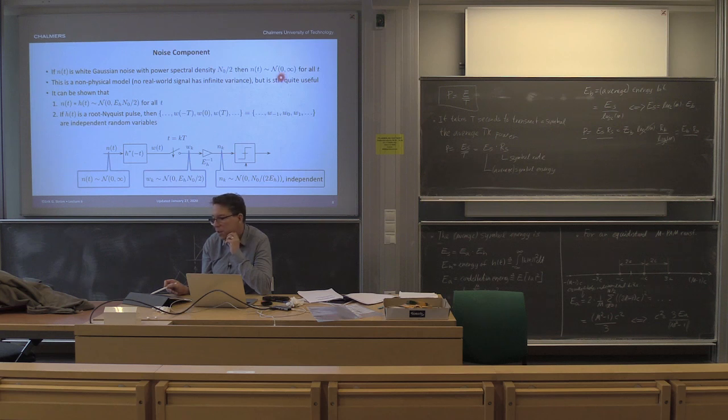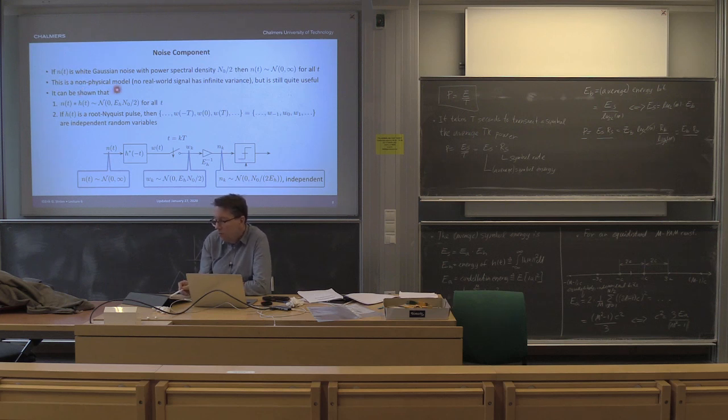But the problem is that the variance is not bounded, so let's call it infinite. So here we have a noise sample which has 0 mean, which is nice, but it has infinite energy, infinite variance. It could take on extremely high values with high probability. So this is a bad noise.